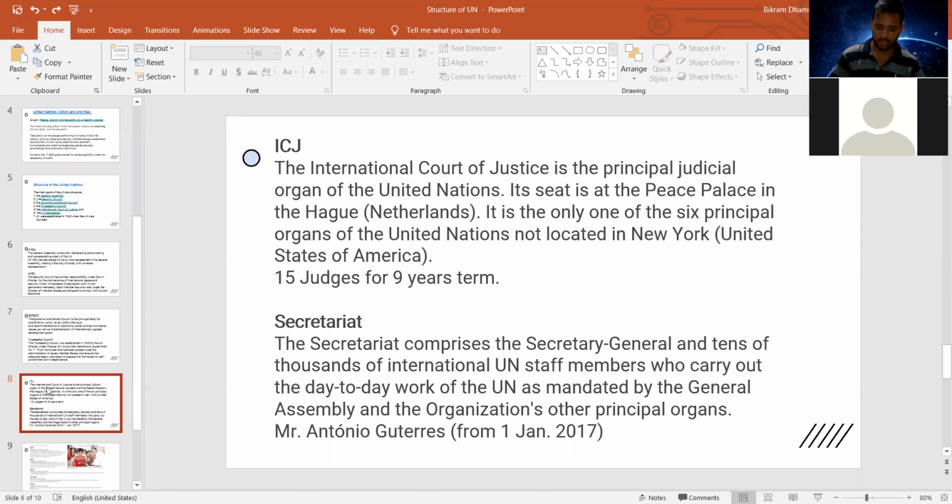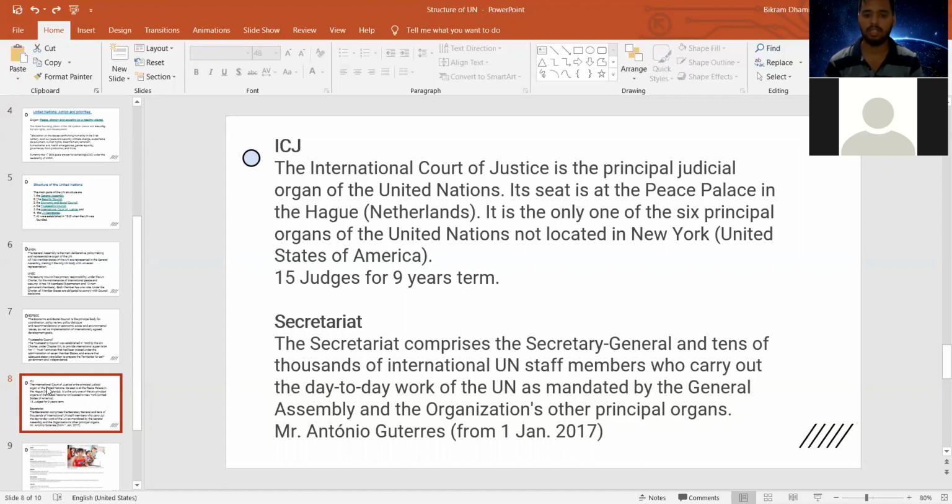So the sixth organ of the United Nations is the Secretariat. The Secretariat comprises the Secretary General and the tens of thousands of international UN staff who carry out the day-to-day work of the United Nations mandated by the General Assembly.